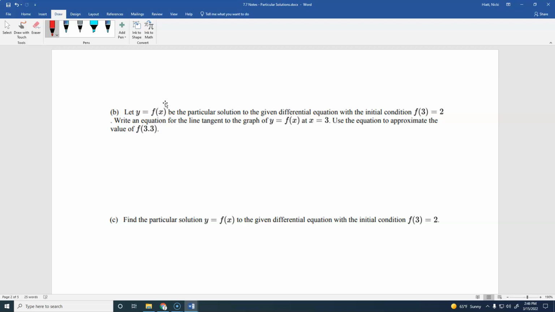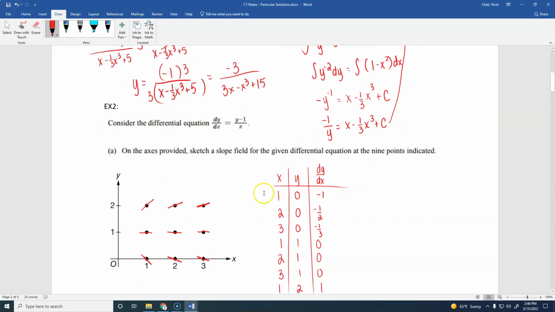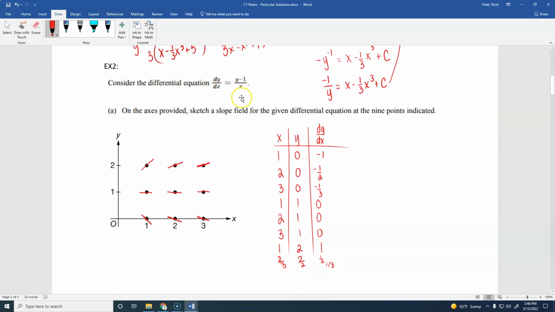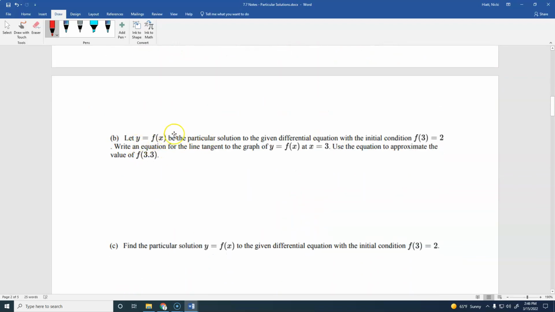All right, so let's talk about what we're doing for part B. They're saying y equals f of x is the solution to this differential equation. So this differential equation is our derivative. y equals f of x is the solution to that, so if we integrate it and solve, we get the solution. But what are they asking us to do?